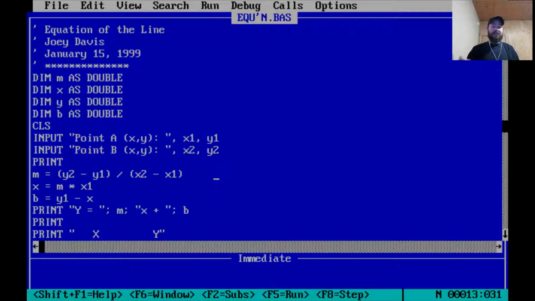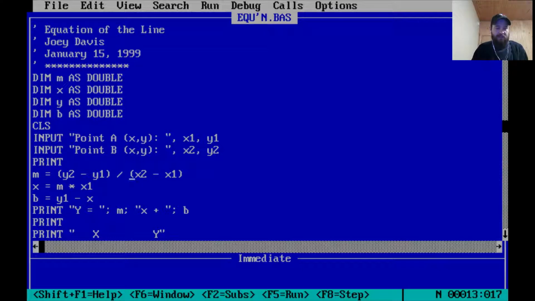Now here's the curious thing. This program does not use arrays, which is why we are looking at it now. But this could have used arrays. I mean, albeit it's only two values. But I could have had an X array and a Y array with each two elements.